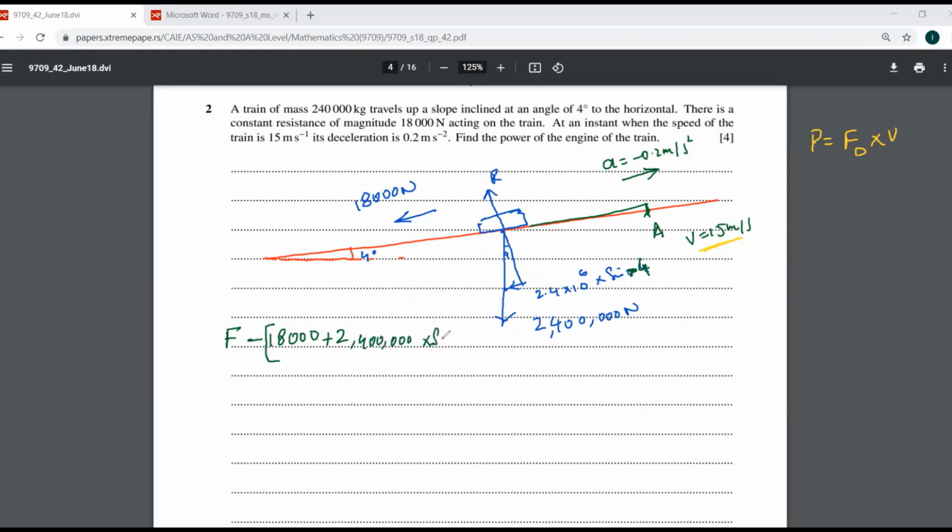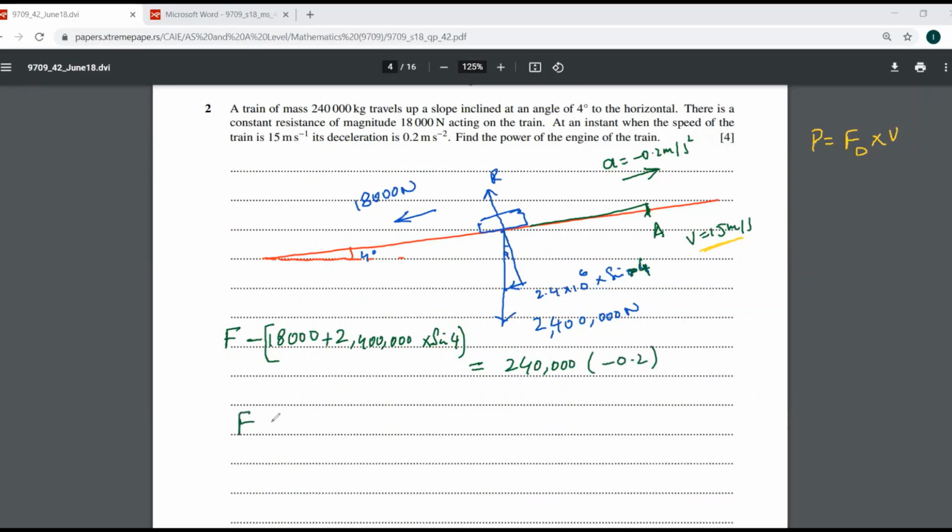That is equal to MA, the mass of this is 240,000 and acceleration is minus 0.2. Please solve all this and tell me what is that F over here. This F, the forward force.